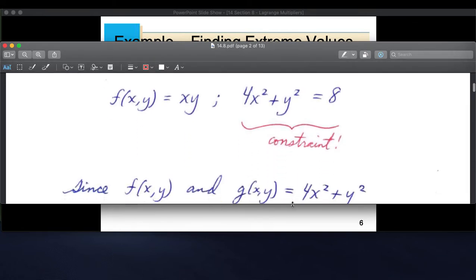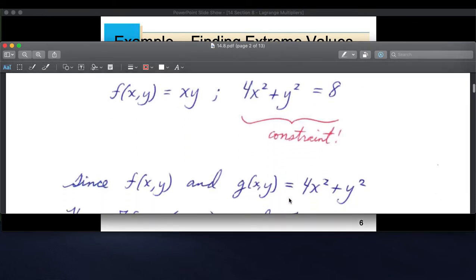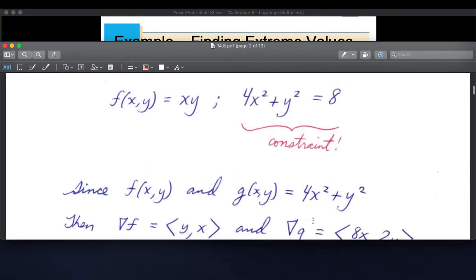So what's going to happen here is we're going to let f of x,y and g of x,y, we're going to let g of x,y here be 4x squared plus y squared.